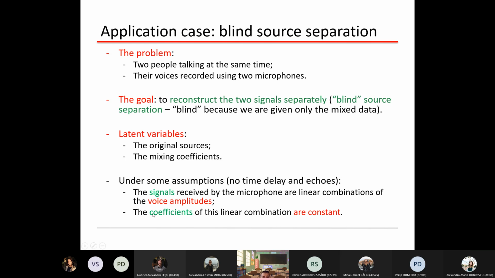So therefore, the signals received by the microphones will be linear combinations of the voice amplitudes, and the coefficients of this linear combination are constant, because I'm not playing with the microphone, closing it and moving it away from my mouth.